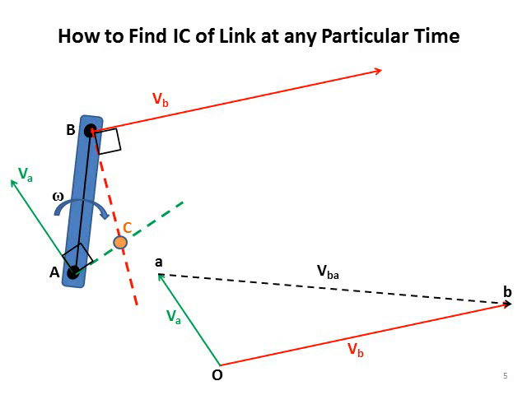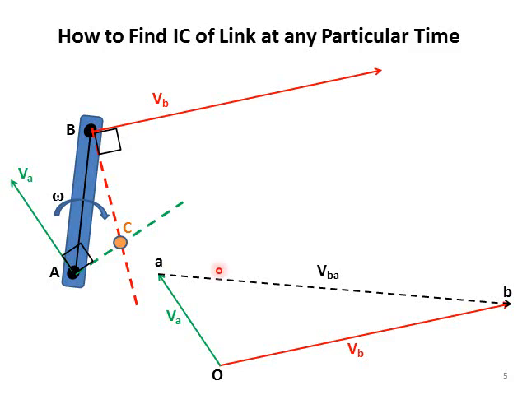This is a velocity vector where at the center O there is a velocity VA, the green color, which is similar to this one, and VB, which is similar to this one. And then if we draw an arrow from tip of VA to tip of VB, what will we get? The relative velocity of point B with respect to point A.